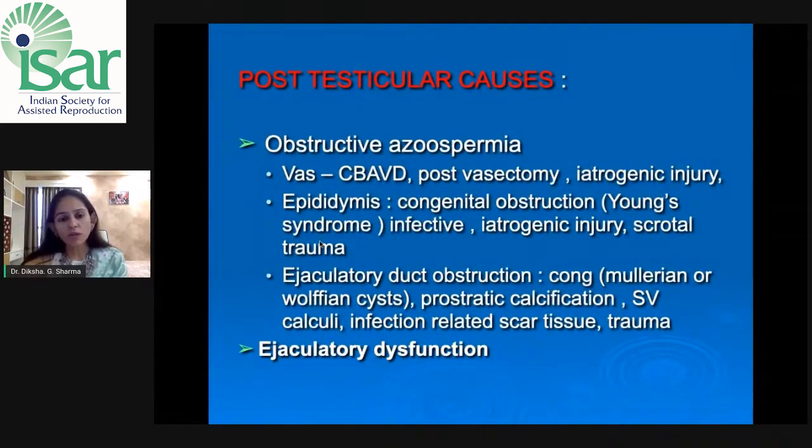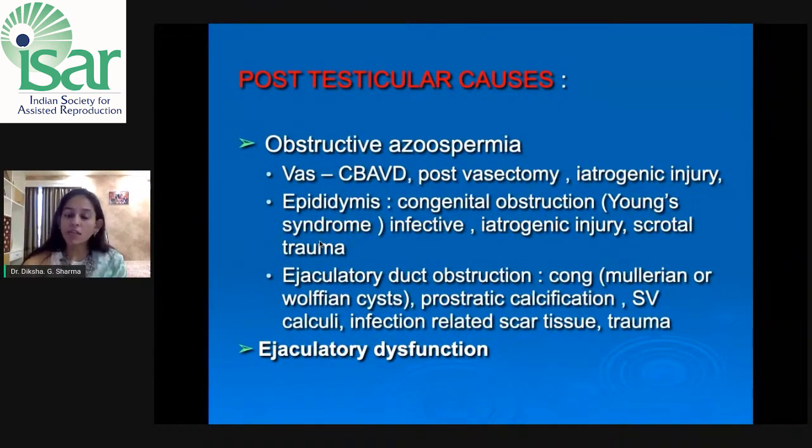Post-testicular causes of azoospermia are, like I said, obstructive azoospermia or ejaculatory dysfunction. In obstructive azoospermia, the obstruction can be at the level of the vas. The causes can be congenital bilateral absence of vas deferens, or a post-vasectomy state if the male has had a vasectomy earlier, or any iatrogenic injury, especially the vas can be injured if there is a history of hernia repair or RP.